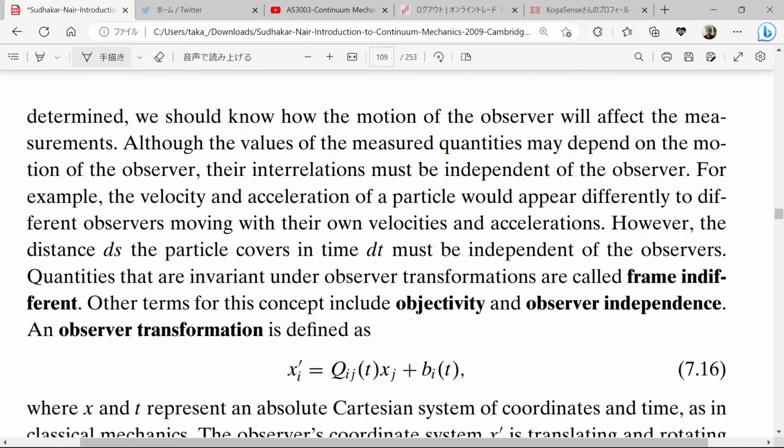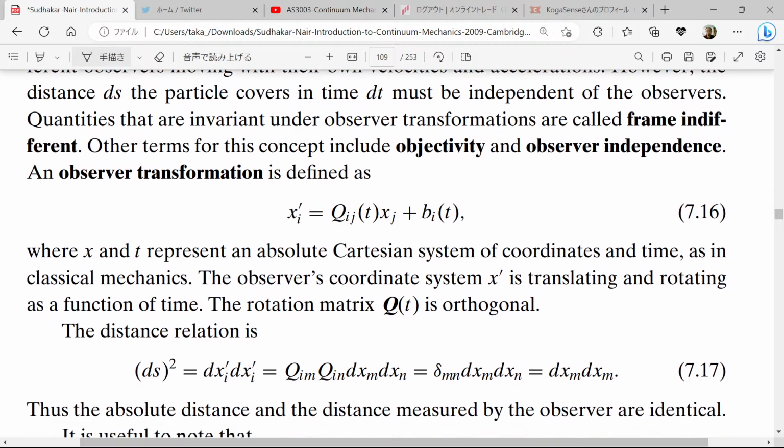An observer transformation is defined as x_i prime equals Q_ij(t) x_j plus b_i(t), where x and t represent an absolute Cartesian system of coordinates and time, as in classical mechanics.